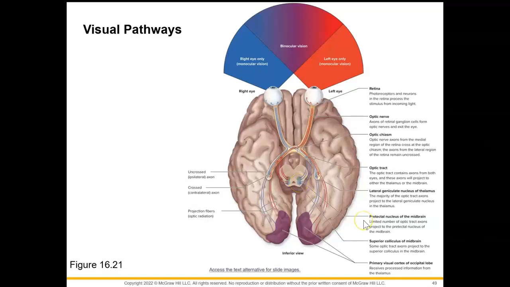Going back to our pretectal nucleus, I want to let you know that this area is going to be responsible for mediating non-conscious behavioral responses to acute changes in light, which you don't really need to know for your exam. And then the superior colliculus is going to be responsible for integrating visual, auditory, and somatosensory spatial information to initiate orienting movements of the eyes and head toward salient objects within the space that you are in.